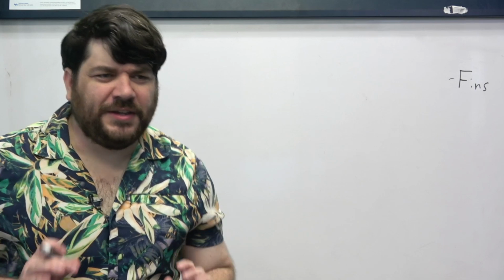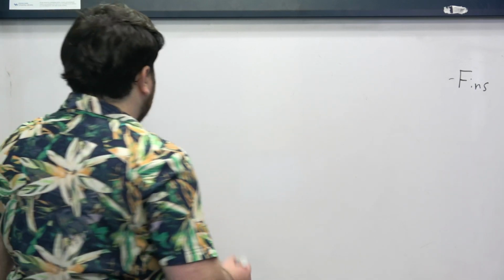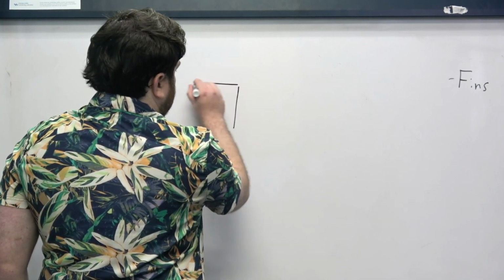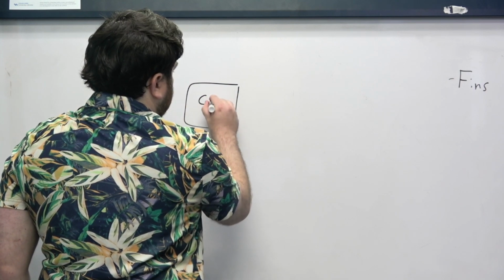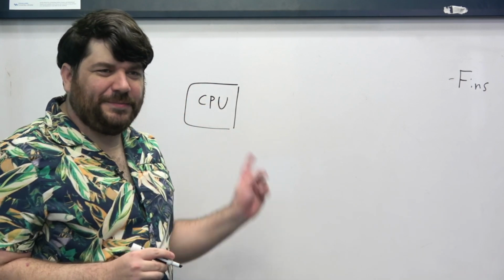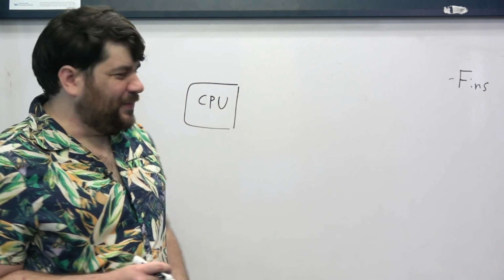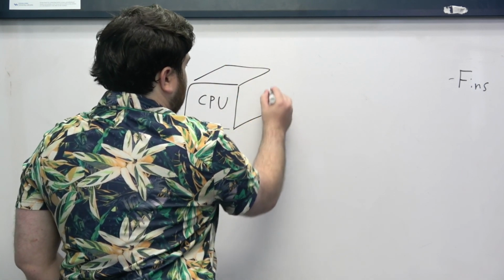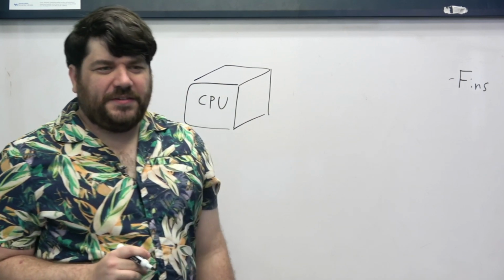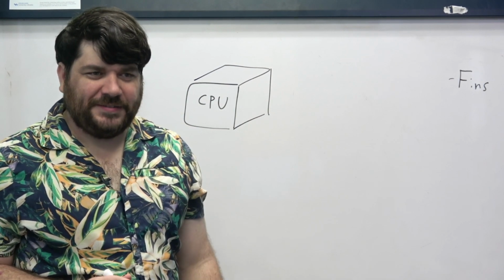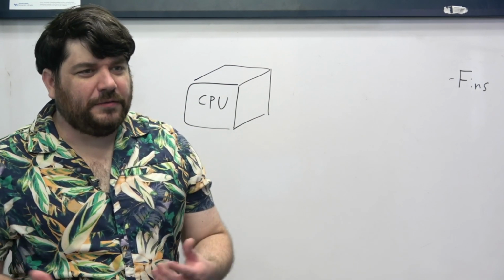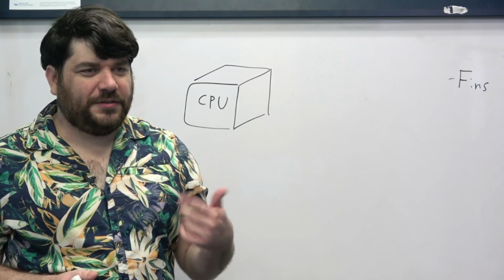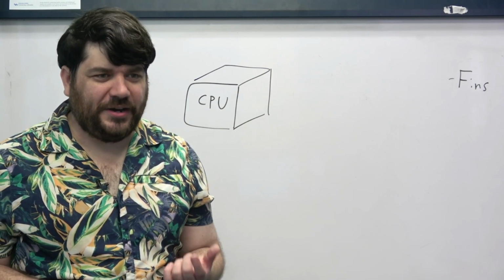Okay, so here's a simple example. Let's suppose that I have some kind of CPU. Okay, my very simplistic rendition of a CPU. There we are. And this CPU is taking electrical energy, and then in the process of doing computations, converts some of it to thermal energy.